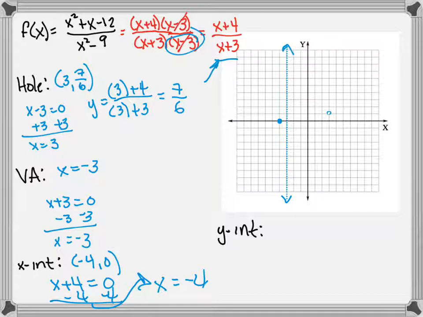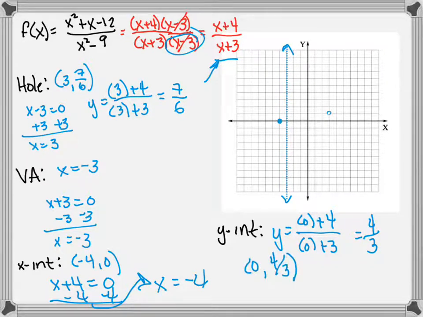Y-intercept. Let's take the simplified form of the rational function and substitute 0 in for x. So y equals (0 plus 4) over (0 plus 3), which is 4/3. So we have a y-intercept at (0, 4/3), and we can plot that point. Horizontal asymptote.